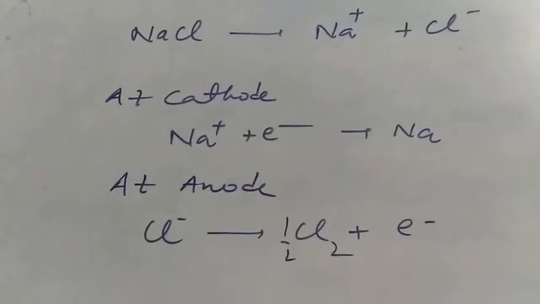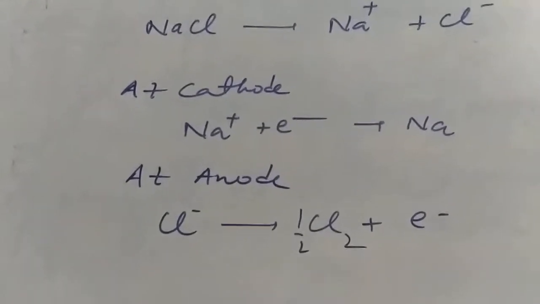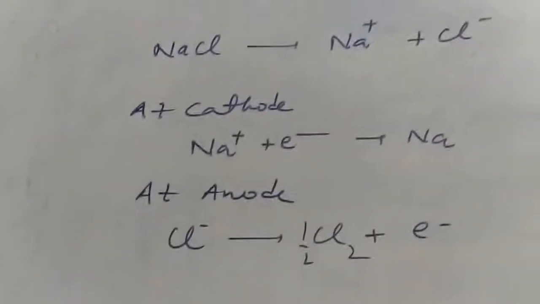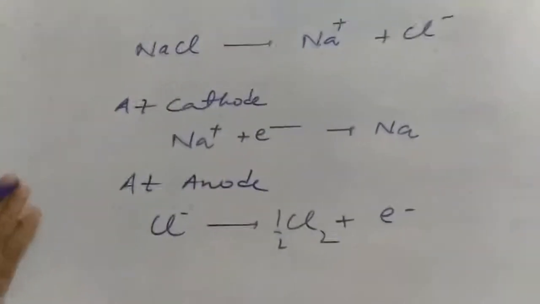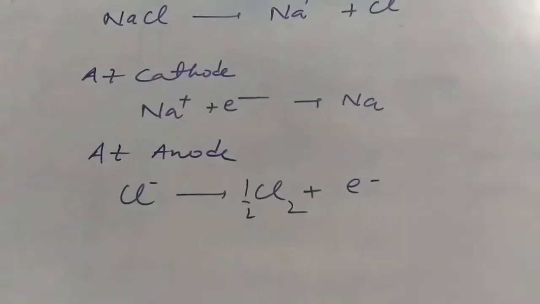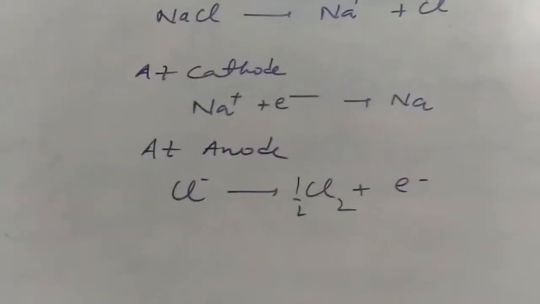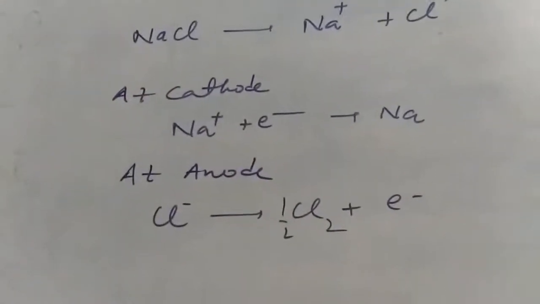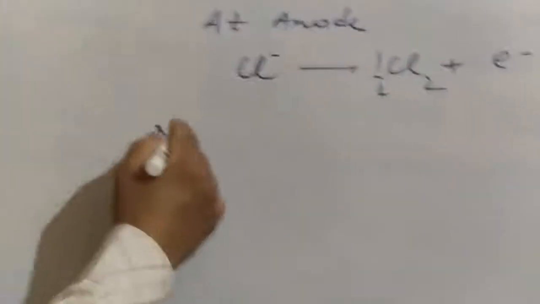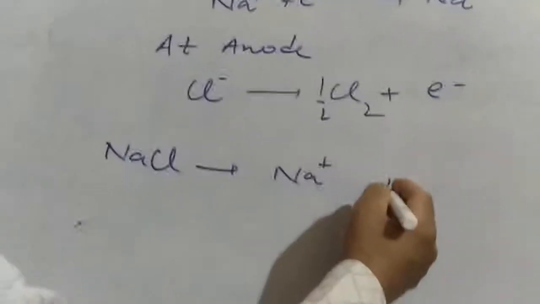This is the electrolysis of molten NaCl. Now suppose in the same case we electrolyze an aqueous solution of NaCl, then let's see what happens. NaCl again dissociates as Na+ and Cl-.